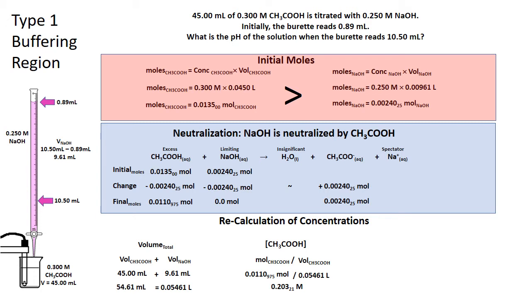That's down from 0.300 molar. No surprise, some of the acetic acid was neutralized, and increasing the volume also decreases the concentration. So this would be our new acetic acid concentration.